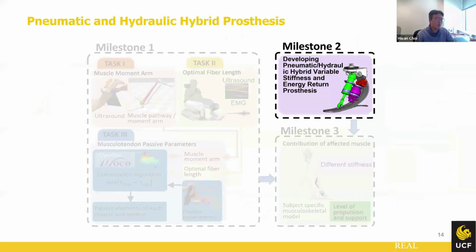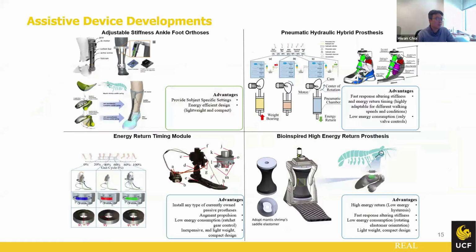And then later, we also need to develop a prosthesis that can provide different functions. Actually, we are providing different types of assistive devices like this. So you see in the left upper corner, we're developing an ankle orthosis, an assistive device for people with neurological disorders, such as children with cerebral palsy or stroke survivors.